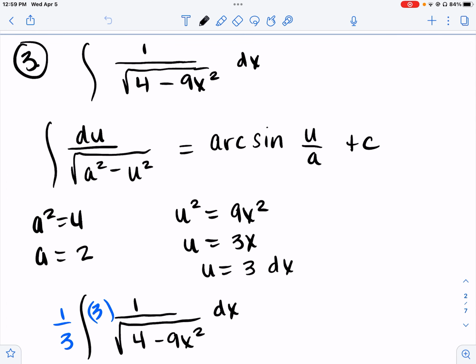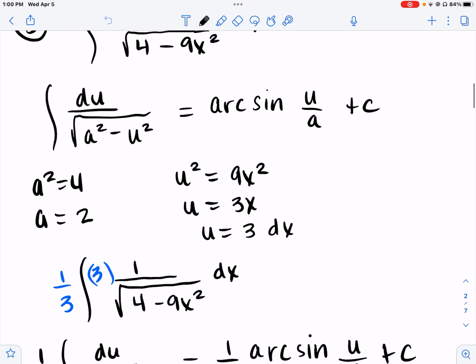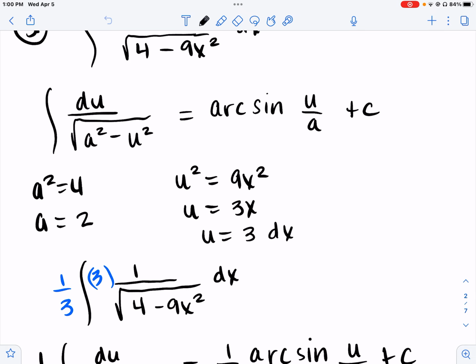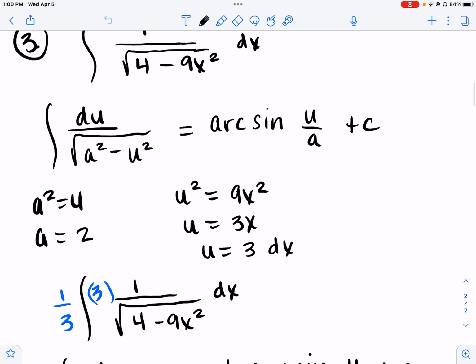Number 3, integral. When we have the square root of a squared minus u squared, where a is a number and u is a function of x. If a squared is 4, then a is 2. If u squared is 9x squared, u is 3x. And the derivative is 3. So we need the 3 on top, so we put a 1/3 because we need a du on top.